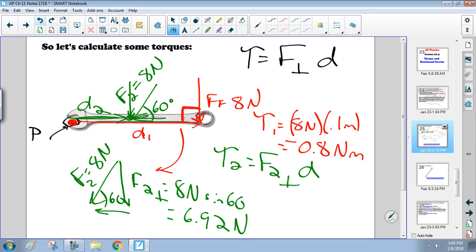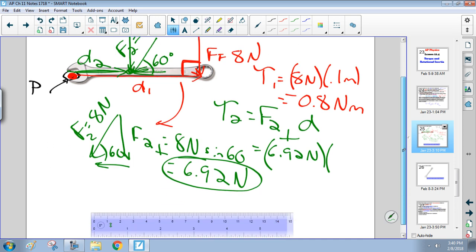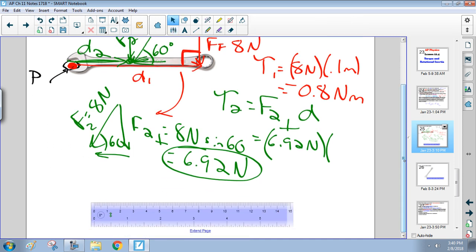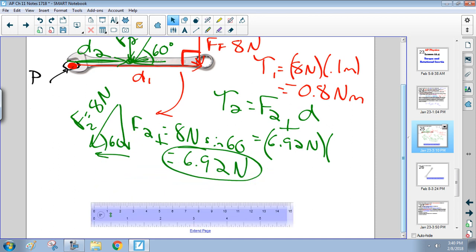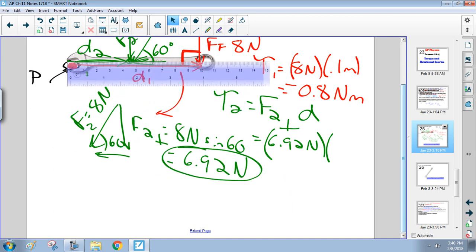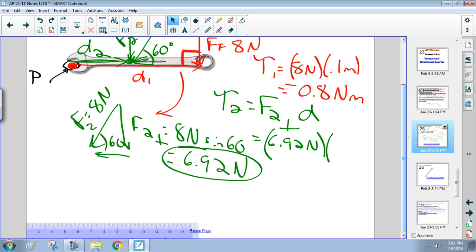Okay, so now we can find our torque. Our torque is the component of the force that's producing torque, 6.92 newtons, times the length of our lever arm, which I need to measure, right? And I foolishly lost my ruler. So our lever arm is, here we go, we'll call that 0.4 meters.